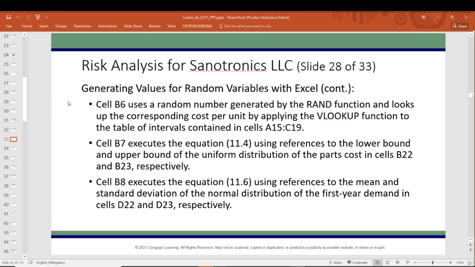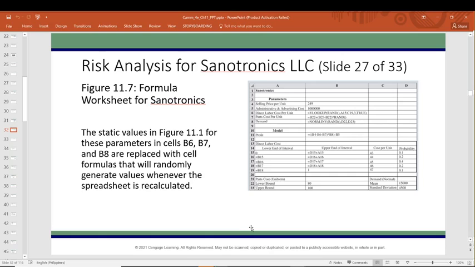In cell B6, it uses the random number generated by the rand function and looks up the corresponding cost per unit by applying the VLOOKUP function to the table of the intervals contained in cells A15 to C19, from the lower end of the interval up to the cost per unit.